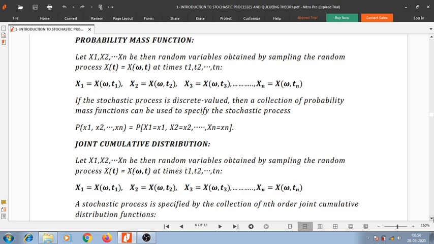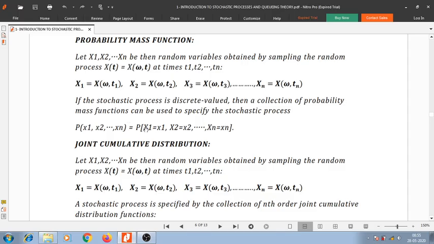Normality means the sum of the probabilities is equal to 1. Similarly, here the probability mass function is P of x1, x2, etc., xn is equal to probability of X1 is equal to small x1, X2 is equal to small x2, Xn is equal to small xn, satisfying the conditions of non-negativity and normality with different time periods.